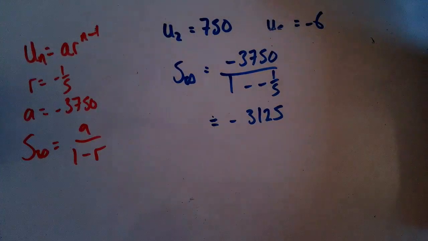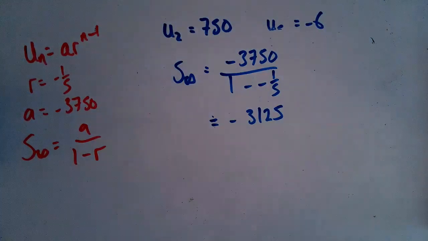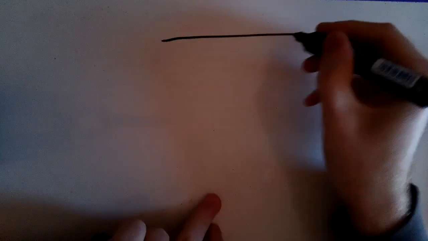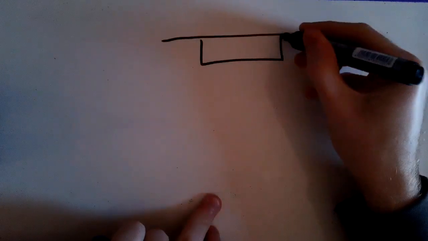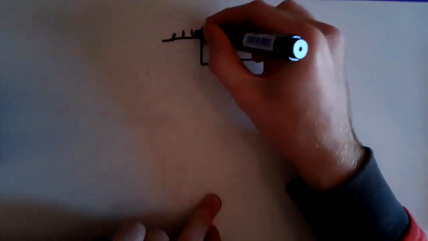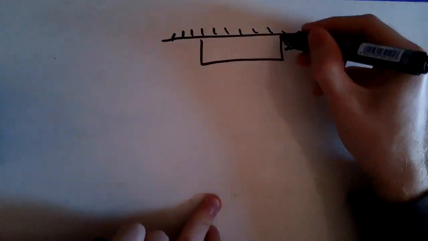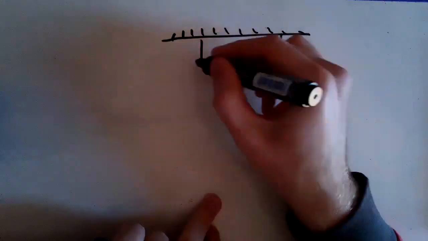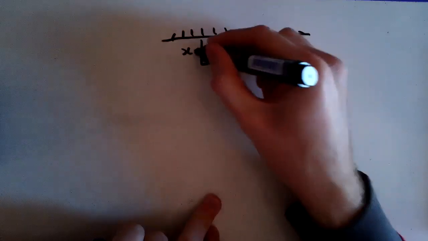Okay, and the last one. So we've got a rectangular enclosure. That's x, that's a wall. And that's made out of rope, and the rope's 20 meters long, so that will be x.